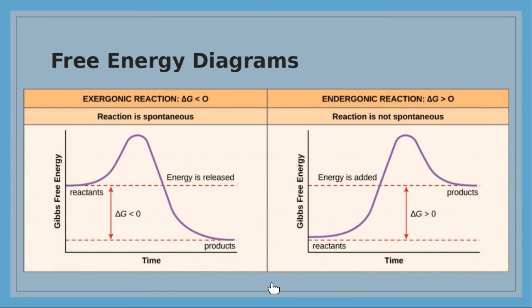But we'll go over the free energy diagrams really quick. So if we look at the one on the left, is this a catabolic or an anabolic reaction, and why? Good.